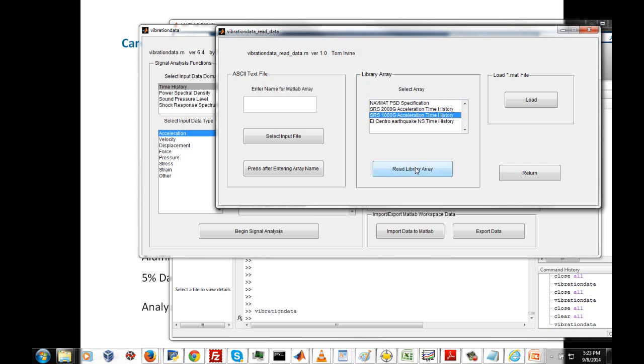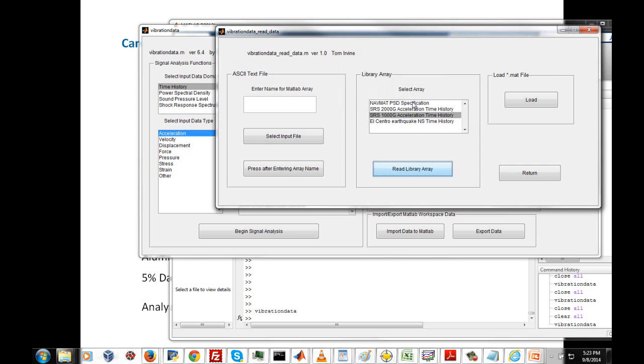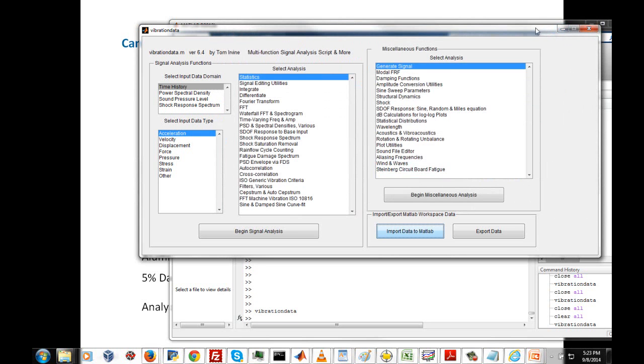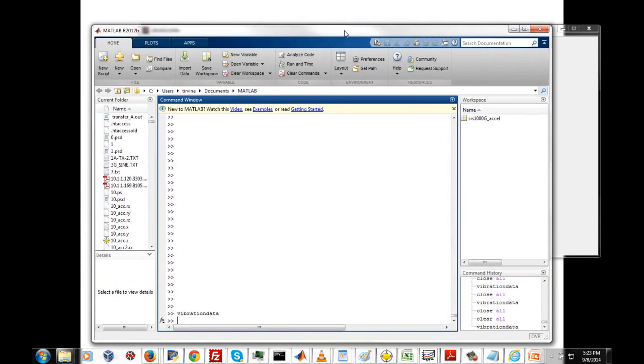Well, that's what it is. And for internal MATLAB workspace purposes, it will be called SRS 1000G_accel with units time in seconds, and amplitude is acceleration in G. And this data file is actually included in the zip file. So now that's in our MATLAB workspace, as it can be seen here, and I'll show you a plot of this time history shortly.